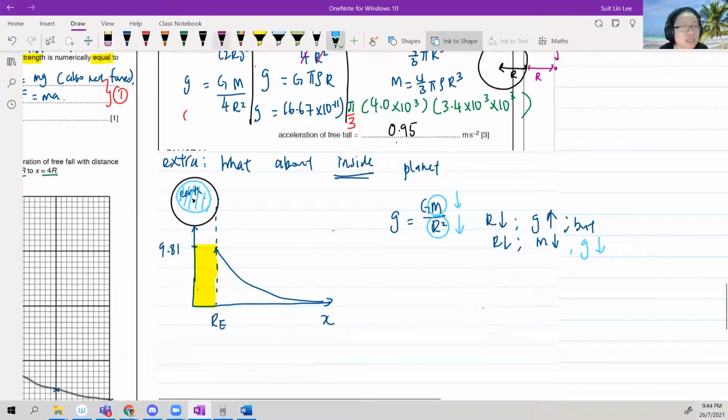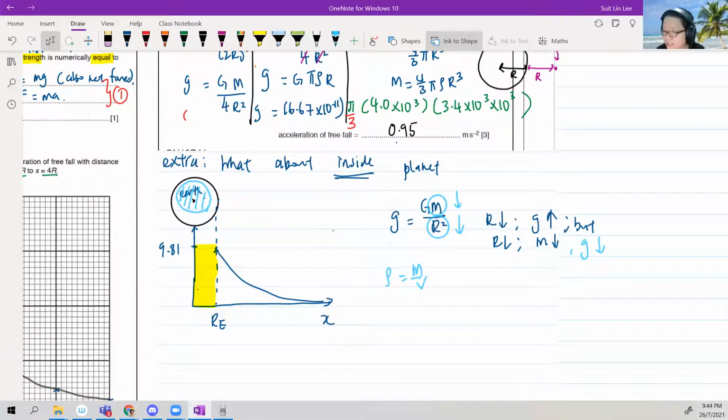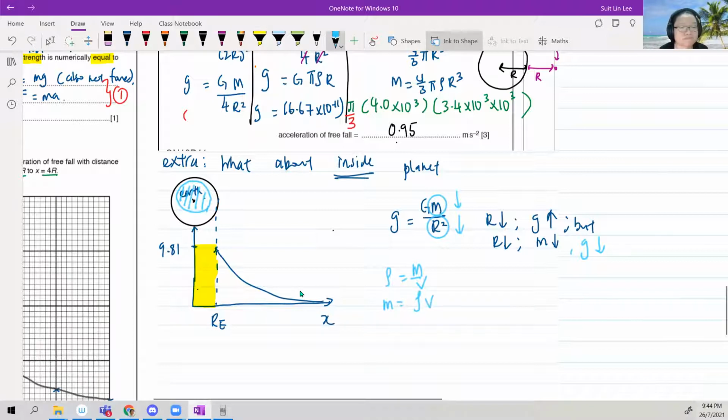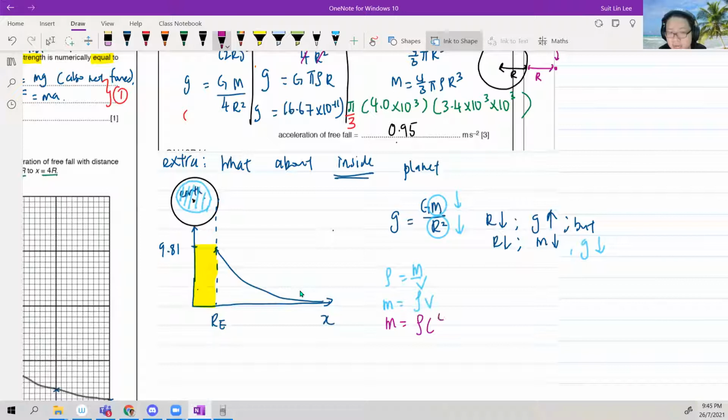And I can obviously substitute this using density, which is mass per volume. Since density is mass per volume, my mass will be density times volume. So density times 4 over 3 pi r cubed.